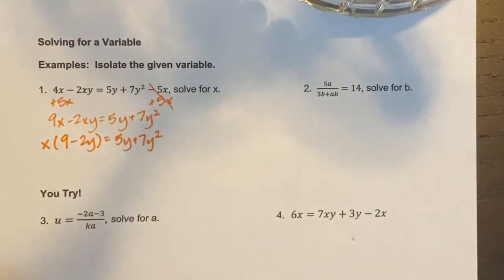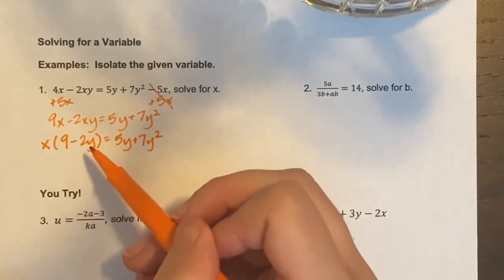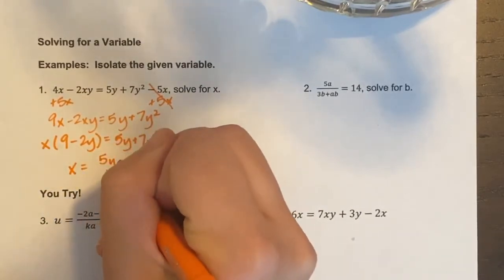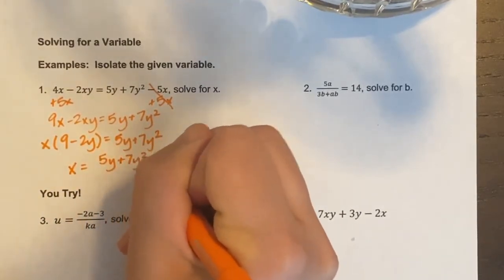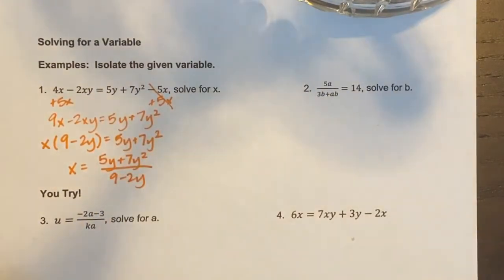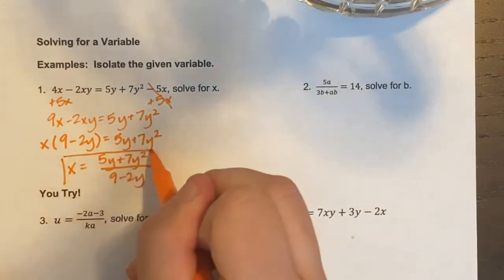And then what I can do is divide this part over here out, since it doesn't have an x in it. So x equals 5y plus 7y squared all over 9 minus 2y.